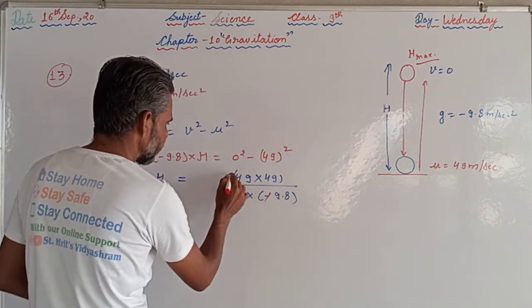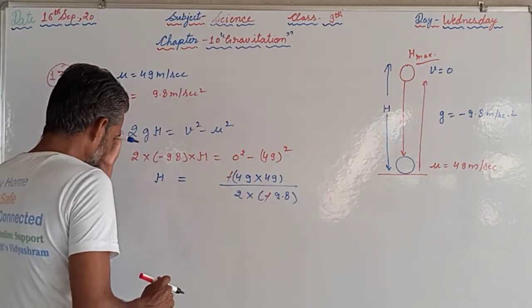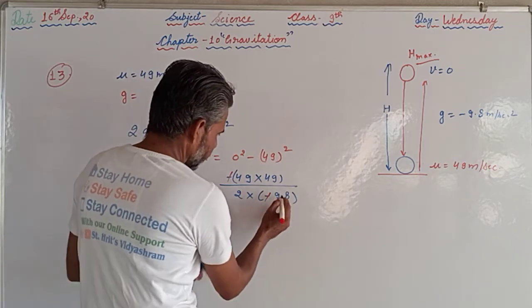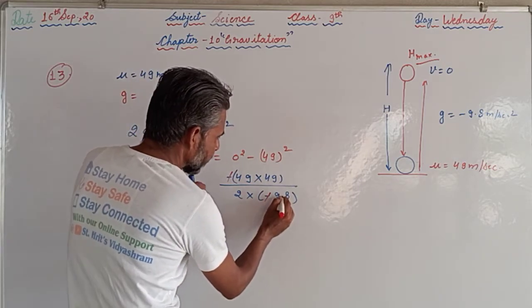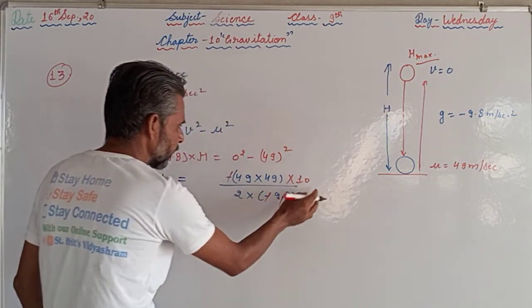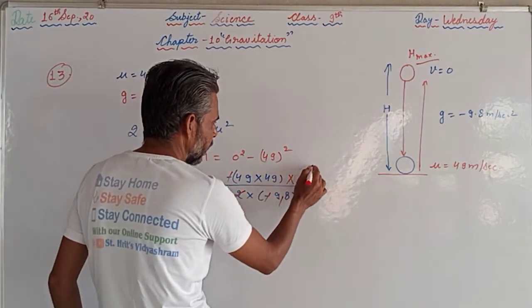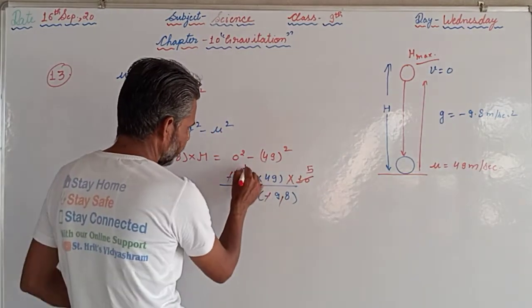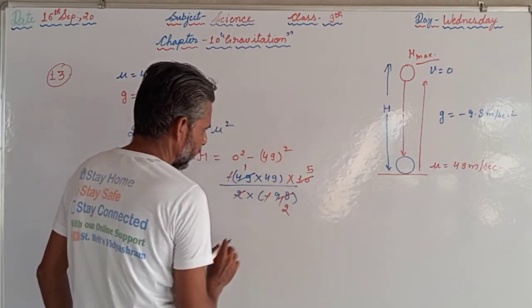Minus will cancel out minus, and to settle that decimal we multiply by 10 here. 2 fives are 10, and 49 ones are 49, 49 twos are 98.